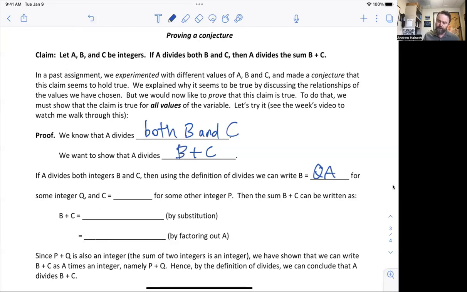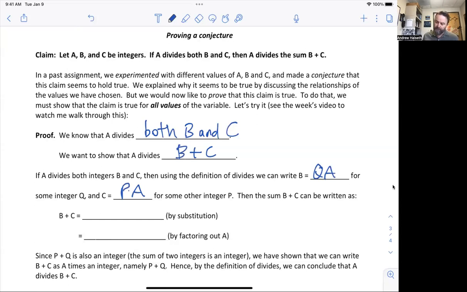And then there's another integer, since a divides c, p times a would equal c, right? So we have q times a equals b, and p times a equals c. That's what it means for a to divide b and a to divide c. There's some number you can multiply a by to get b and to get c.